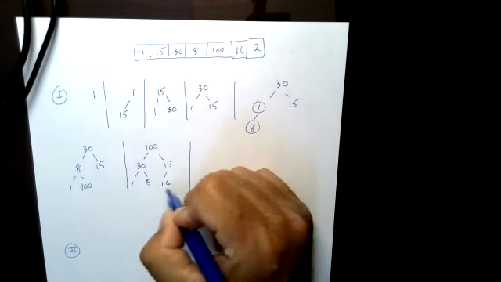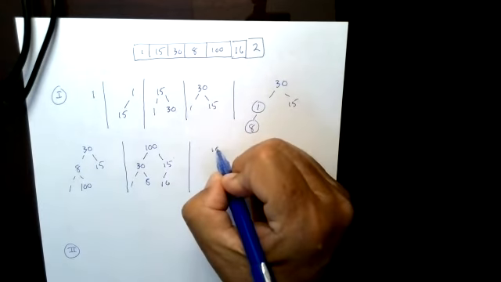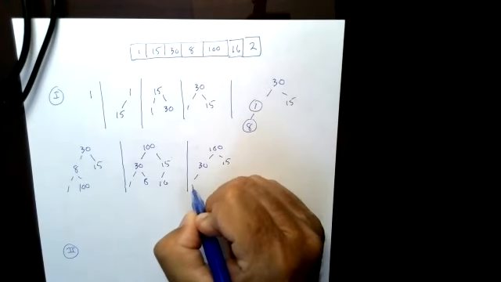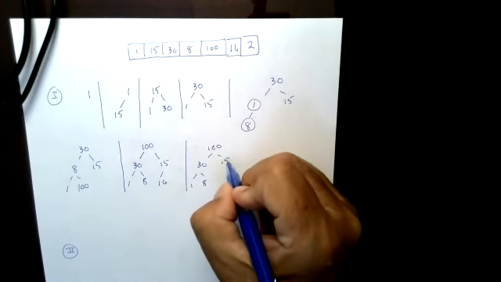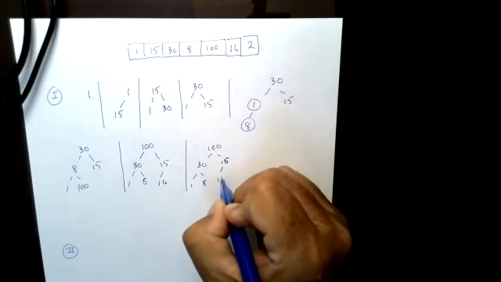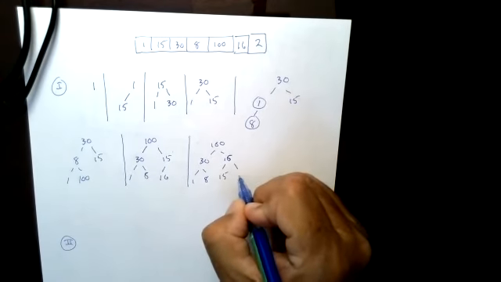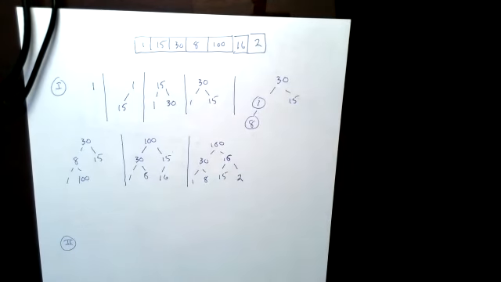It's only going to go up once. So now I have 100. I have 30. I have 15. I have 1. I have 8. Whoop, excuse me, that's 16. Now I have 15. My last number I put in is 2.